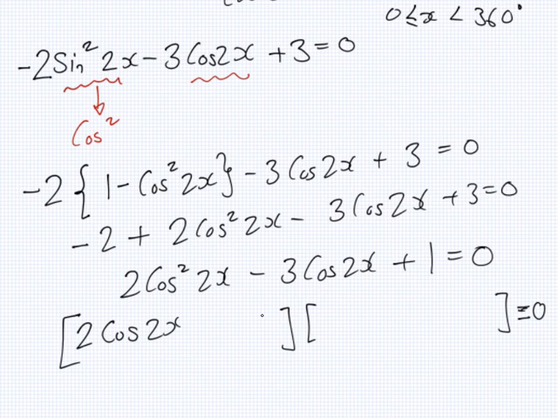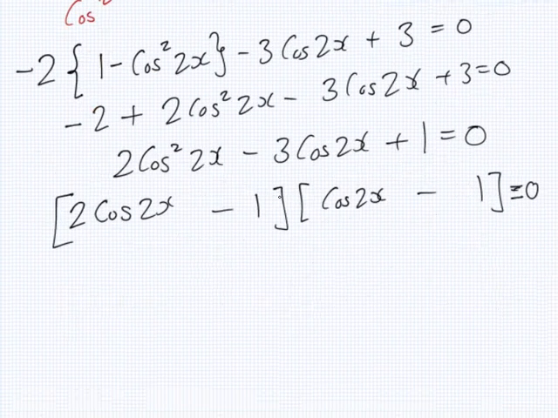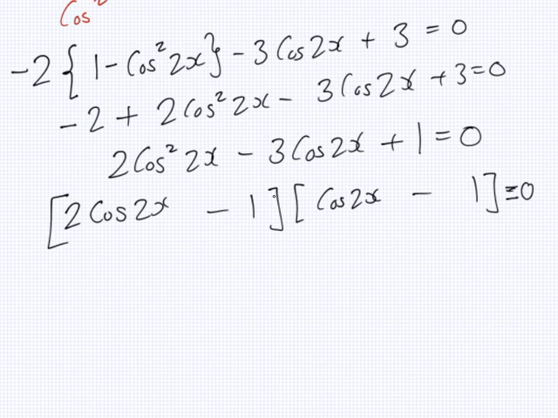Okay, so I think this will be cos 2x here. Oh, it has to be a 1 and a 1. And it needs to be a minus and a minus. Oh, so it has to be this way. This is the only way I can do it. Yeah. All good?